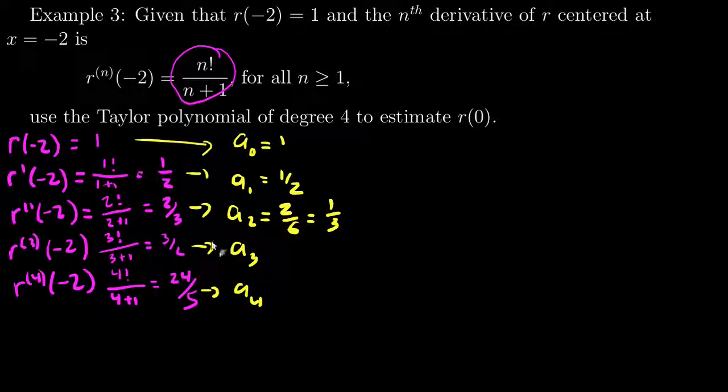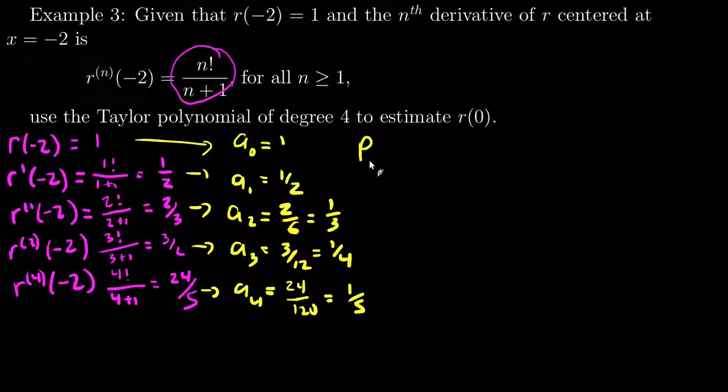Divide this by 3 factorial, 3 factorial is 6, and I get 3/12, which is 1/4. Divide this by 4 factorial, 4 factorial is 24, so I get 24 over 120, which is 1/5. And you could have seen I had an n factorial up there, that's why this is happening.